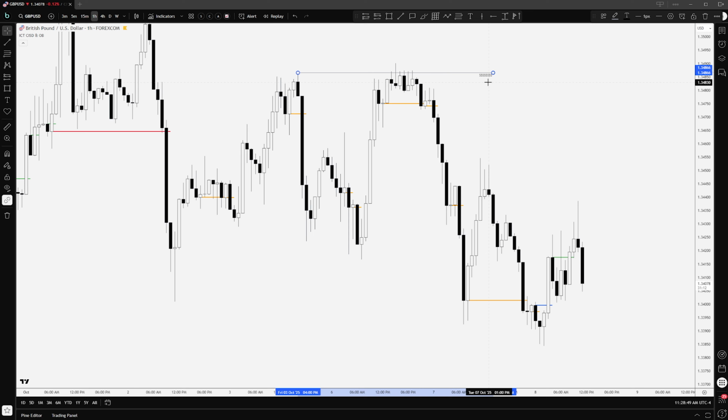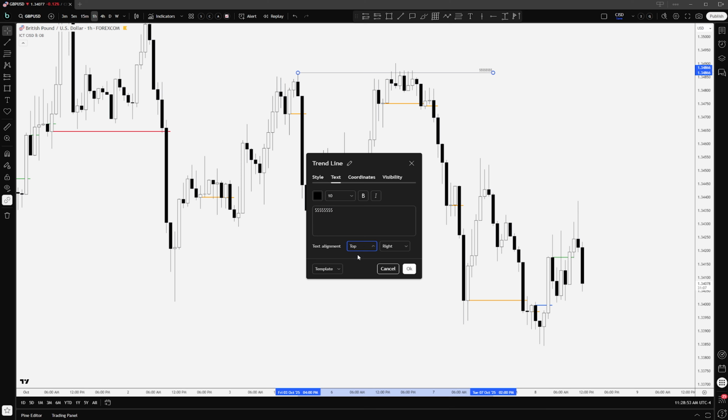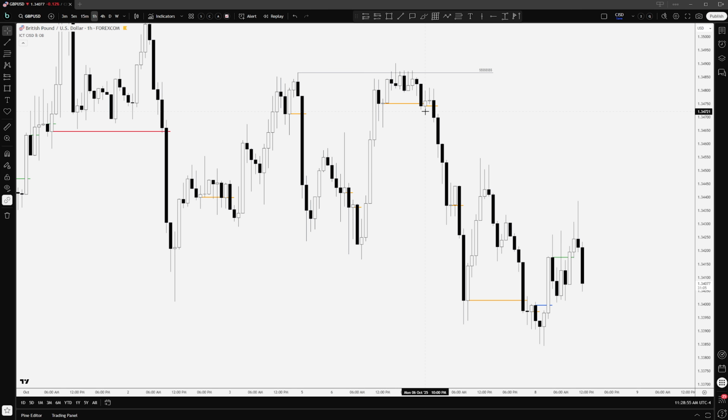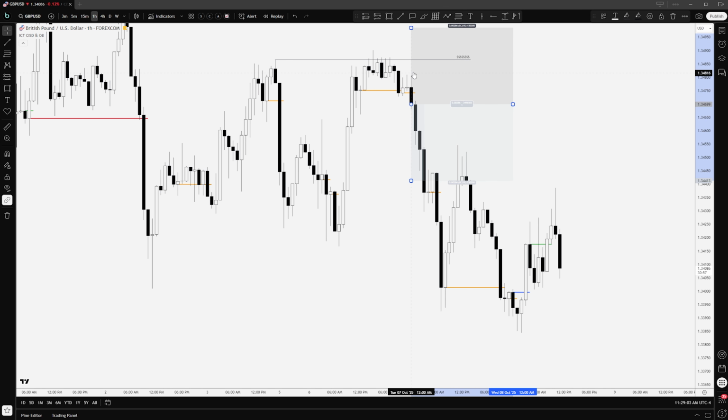Just mark it as a liquidity. So we got a sweep of that high, and then we got a continuation signature. You can see that price started to close below the open prices of these bullish candles. That means that we're going lower. So this could have been a potential trade targeting this low, which yields you around 4.8.